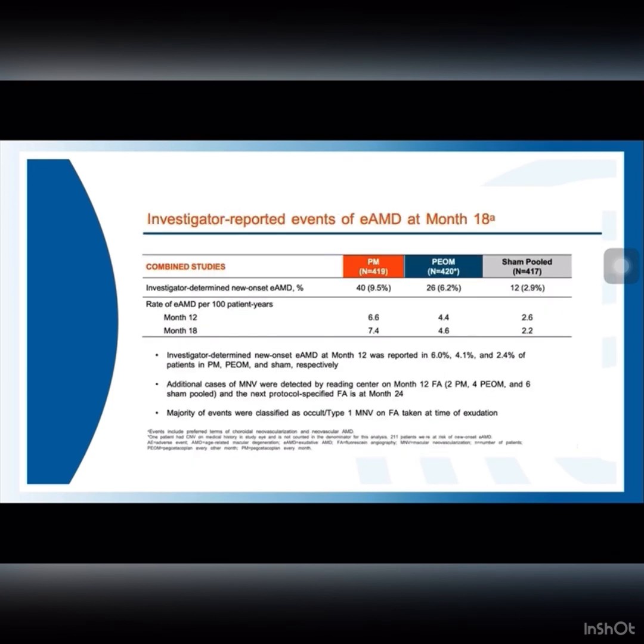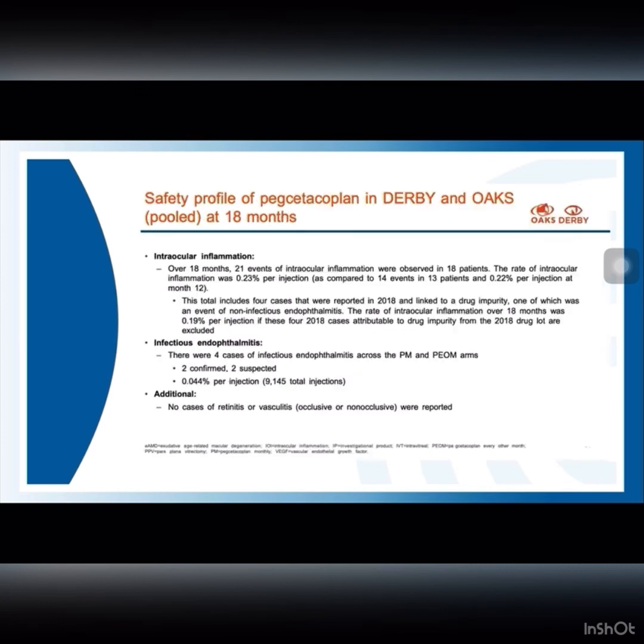Looking at events of exudative AMD, you can see that patients treated with monthly pegcetacoplan had a higher rate of 9.5% compared to every other month, which was 6.2%, compared to sham at 2.9%. Looking at intraocular inflammation, there were 21 events of intraocular inflammation that were observed in 18 patients over 18 months. There were no cases of retinitis or vasculitis reported associated with intraocular inflammation.